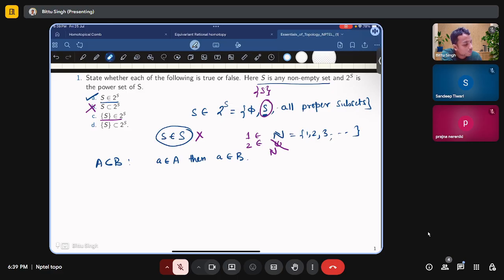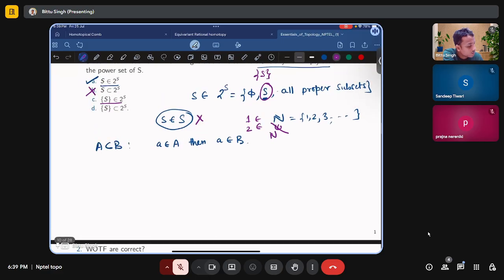So what is the meaning of this {s}? This {s} means we are just cancelling everything, so only this s is there. So we can see that this thing is actually a subset of 2 to the power s.